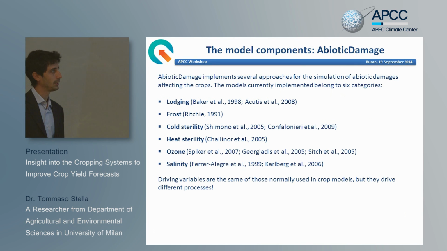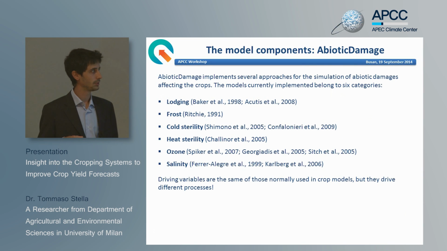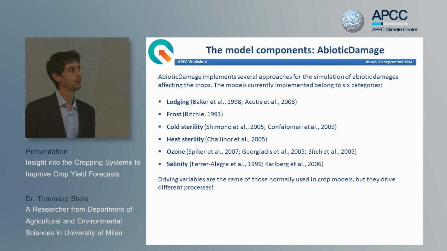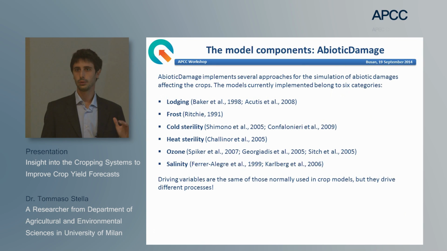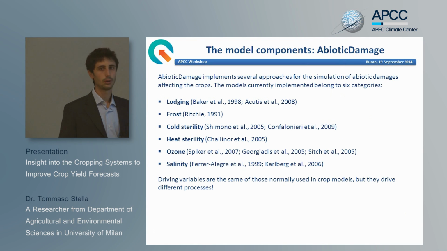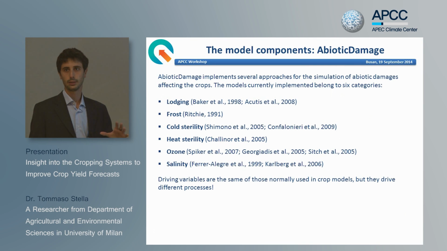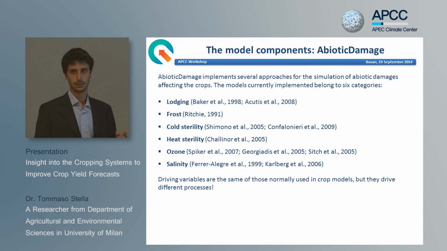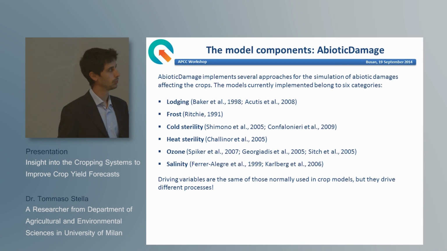And please note that in many cases, not in all, but the driving variables of these models are the same of those normally used in crop models. They just drive different processes. And so if you build a modeling solution with a crop model and with abiotic damages, for example, maybe you do not need any additional input. You can just simulate both the systems, the combination of the processes without the need of new parameters.